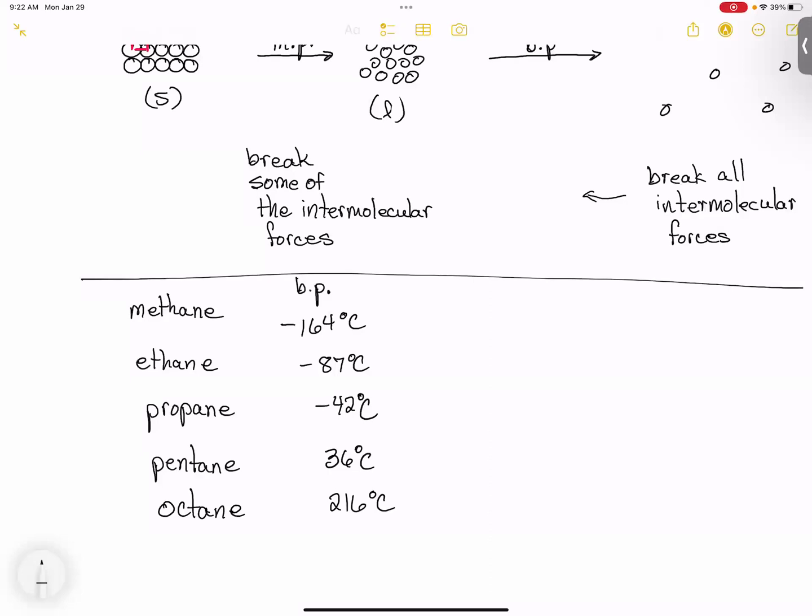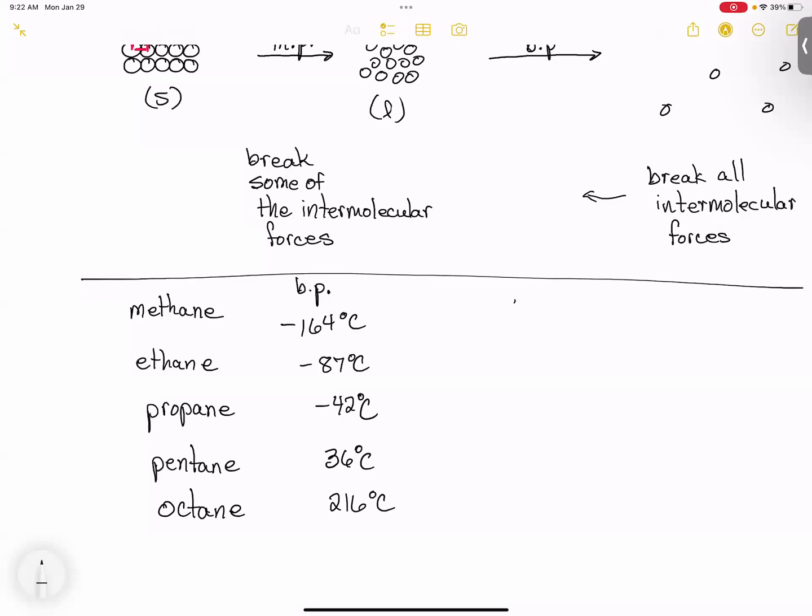Because these alkanes only have London dispersion forces, that's why they have fairly small to very low boiling points and melting points. Now you may ask, as we went up, what's going on?